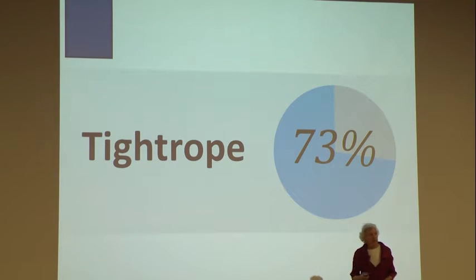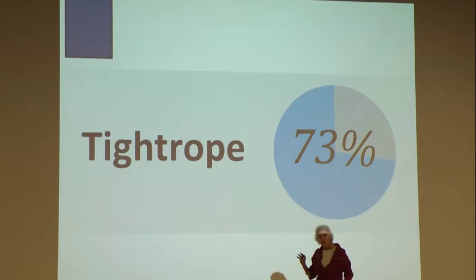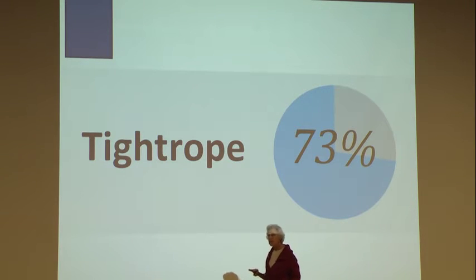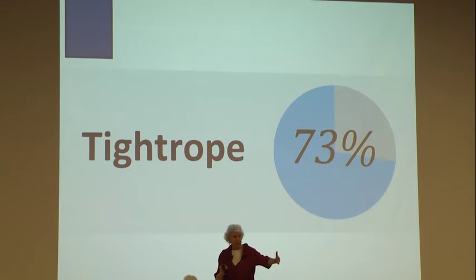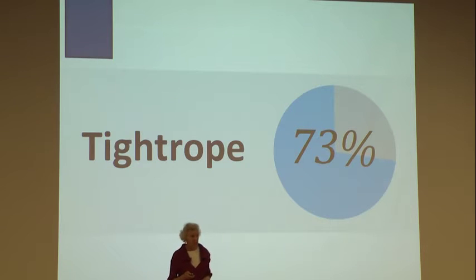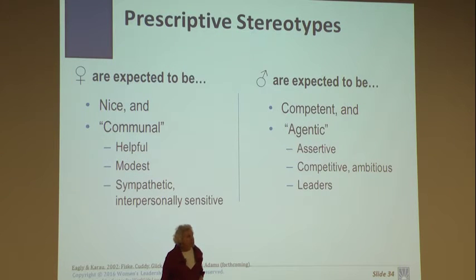Here's the second of the four patterns. It's called the tightrope, and as you can see, it's the most common pattern. And that's important because in the types of bias trainings that have been commonplace for the last 10 years based on the implicit association test, this pattern is never even mentioned. It stems from prescriptive stereotypes.